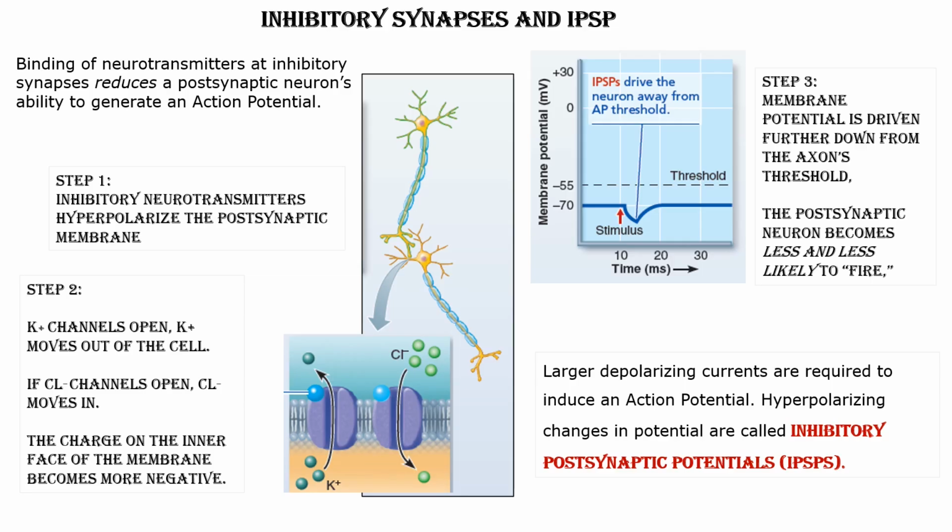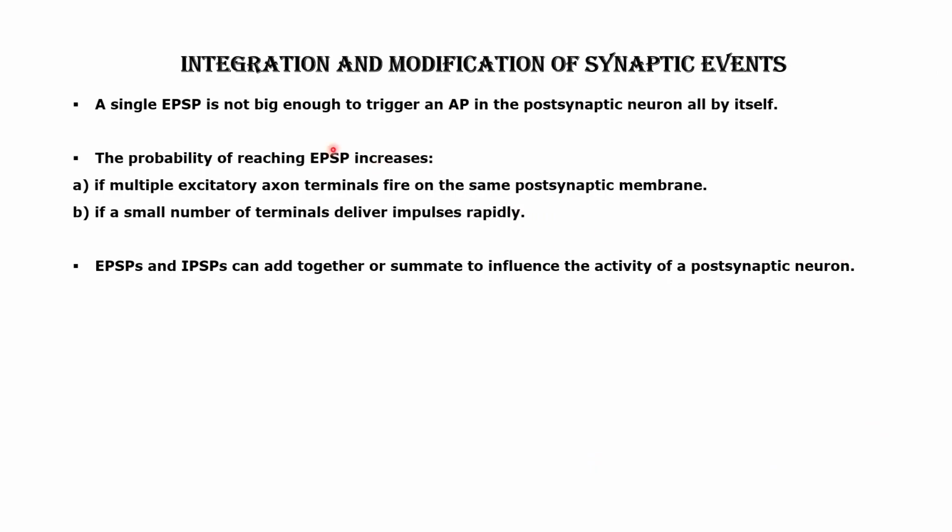Now, as we observed in the last case, a single EPSP, unless it crosses a threshold, cannot trigger an action potential in a postsynaptic neuron all by itself. So when does the EPSP lead to firing of a postsynaptic neuron? If there are multiple EPSPs reaching from multiple axon terminals which fire on the same postsynaptic membrane, and if the terminals deliver these impulses very rapidly.